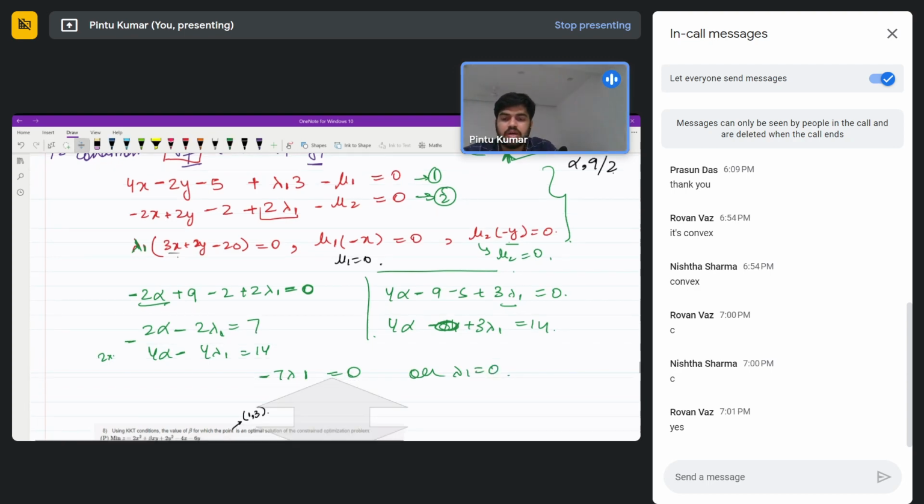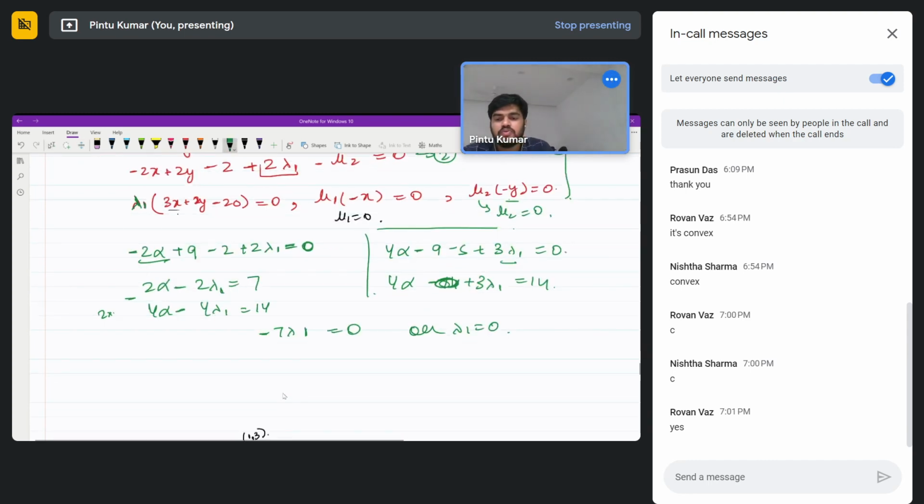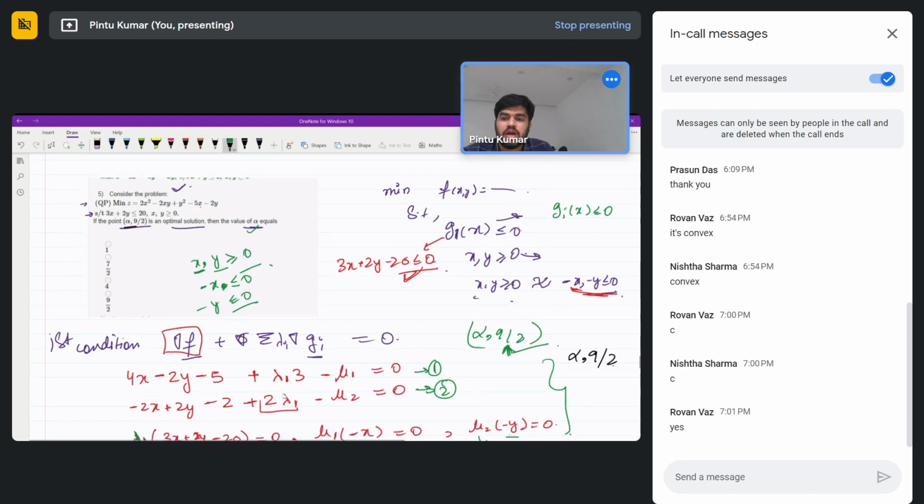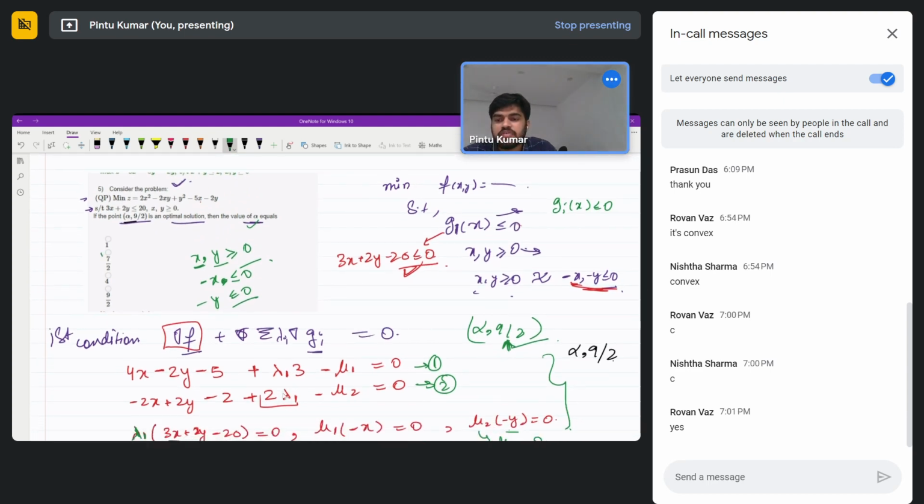So if you put lambda 1 equal to 0, what do you get? 2 alpha is equal to 7, or alpha is equal to 7 by 2, right? So you have obtained the value for alpha, which is 7 by 2. And this is what was asked from us, right?